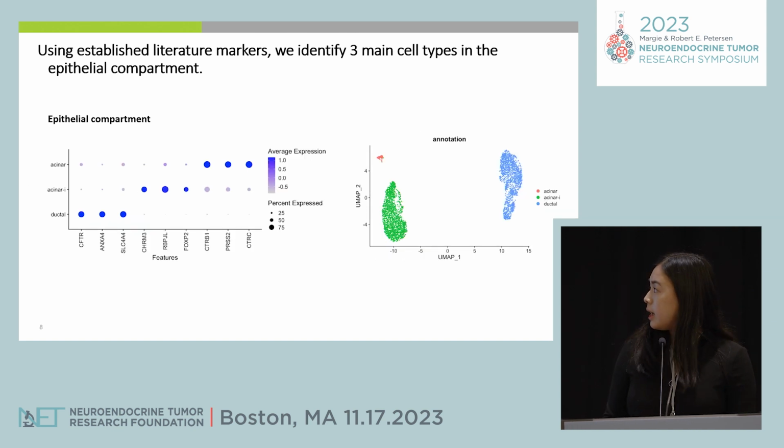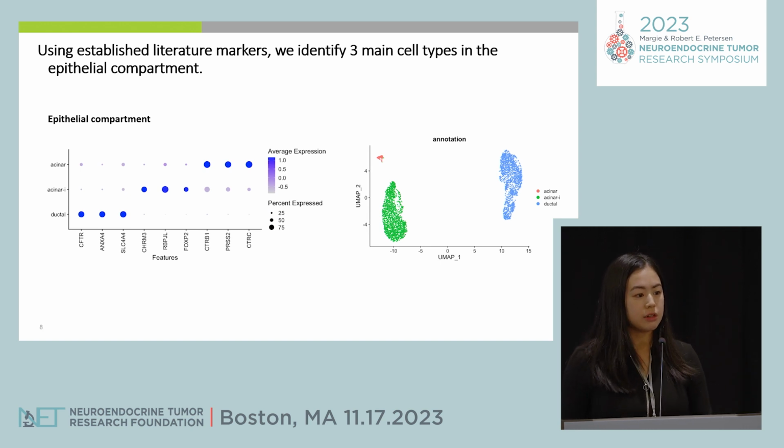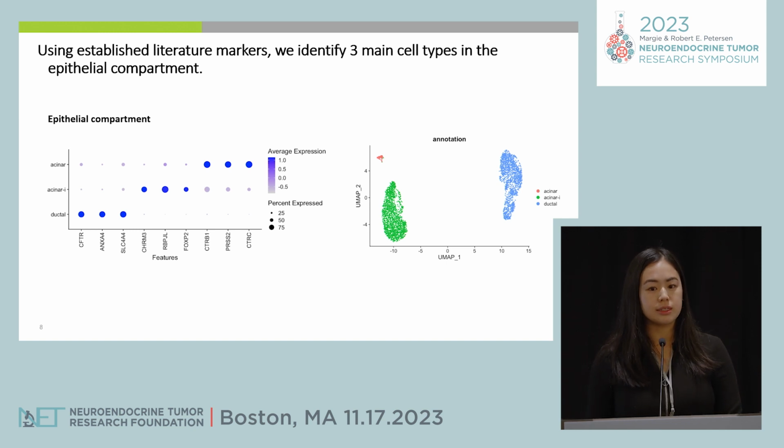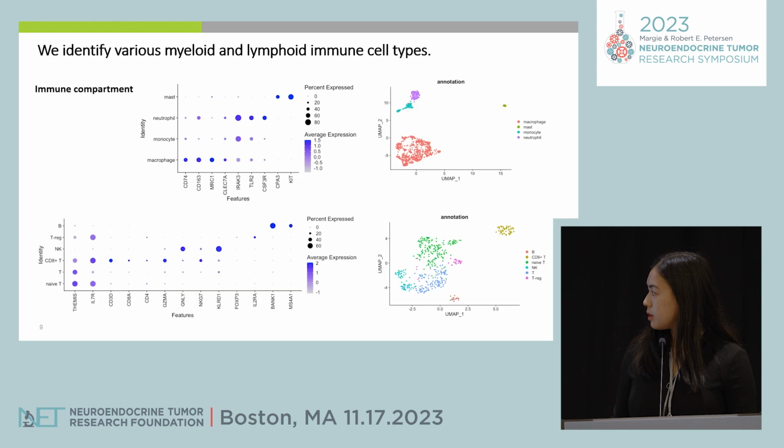And then in the epithelial compartment, we identified acinar and ductal cells, as well as a large population of acinar idling cells, which is a subset of acinar cells. And then we also identified various immune cells. So the top row is the myeloid compartment with mast cells, neutrophils, monocytes, and macrophages. And the bottom row is various different lymphoid cells that we identified.